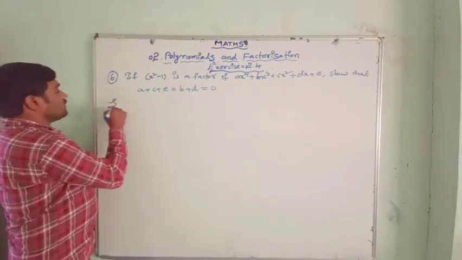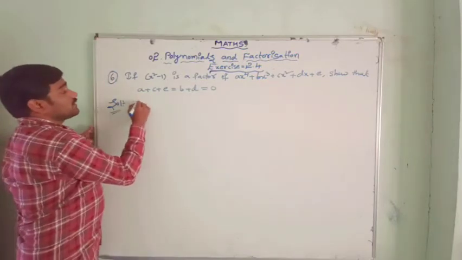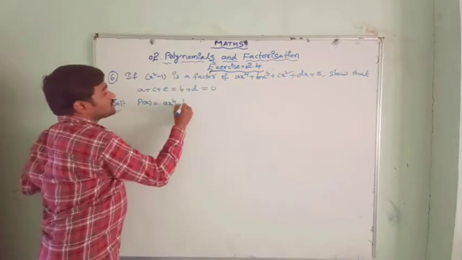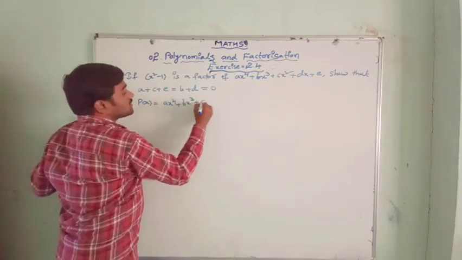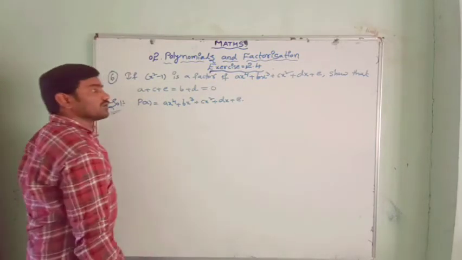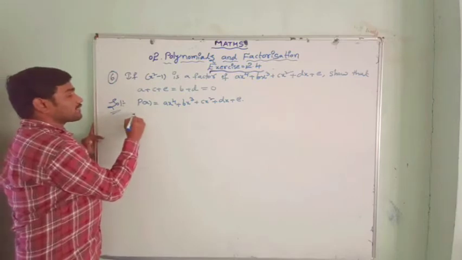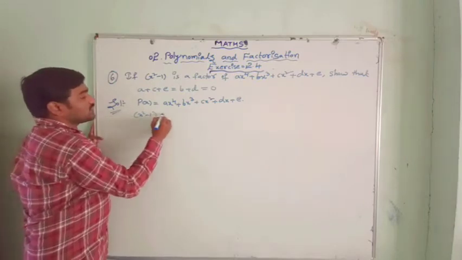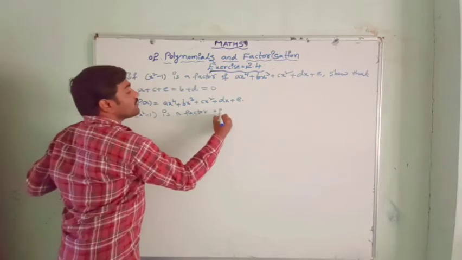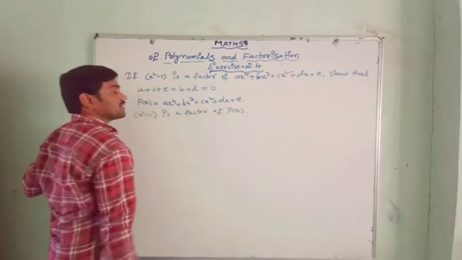So let's do the solution. The given polynomial is p of x equal to ax to the power of 4 plus bx to the power of 3 plus cx square plus dx plus e. Already given x square minus 1 is a factor of this given polynomial p of x.